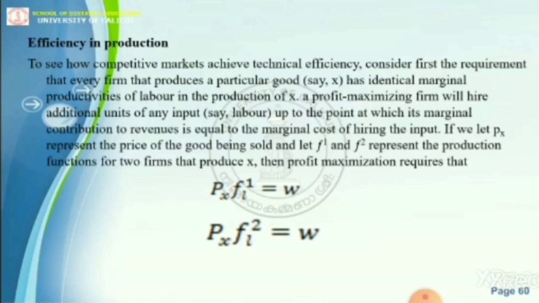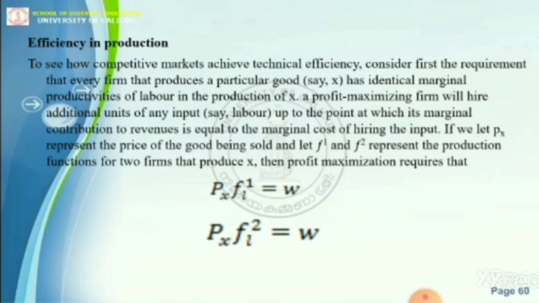If we let Px represent the price of the good being sold and let f1 and f2 represent the production functions for two firms that produce X, then profit maximization requires that Px times f1 prime is equal to W, and then Px times f2 prime is also equal to W.